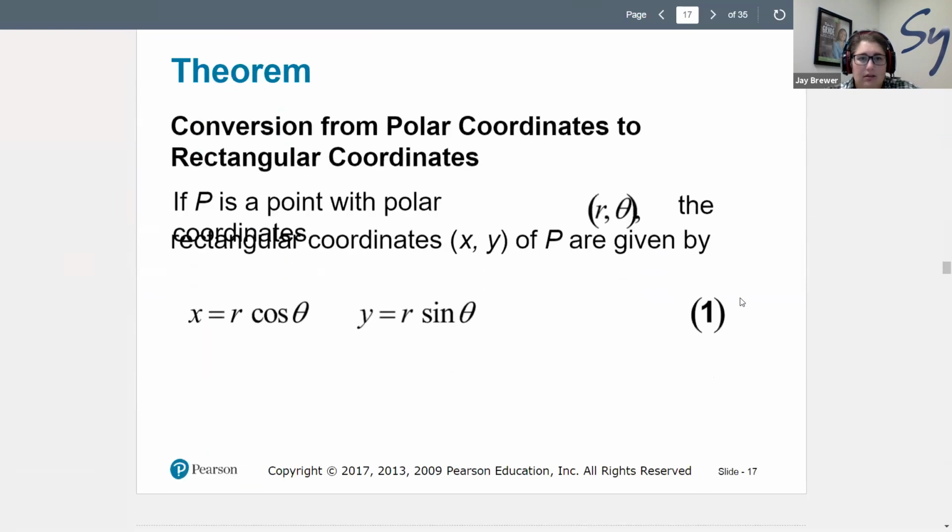And that's why we said you can't just really say that Y is just R. So in order to convert from polar coordinates to rectangular coordinates, or to go from R comma theta to X comma Y, we want to look at X equal to R cosine theta and Y equal to R sine theta. Okay, so those are your two formulas that you'll want to work on using for this section.